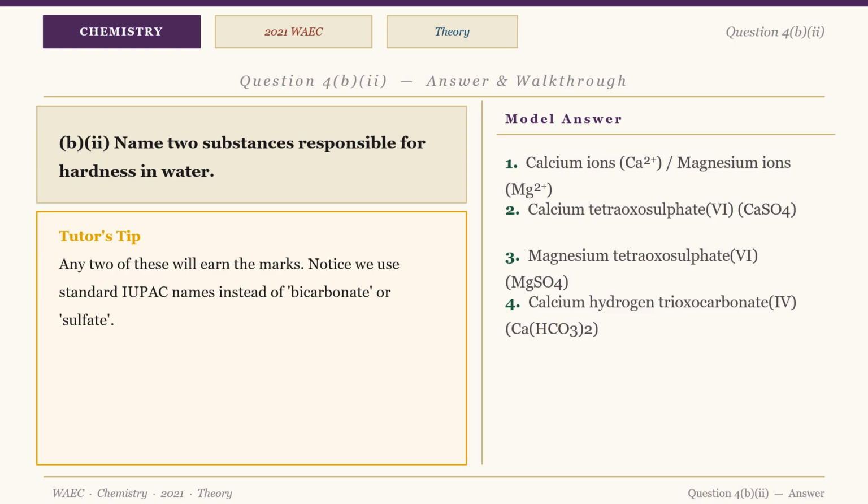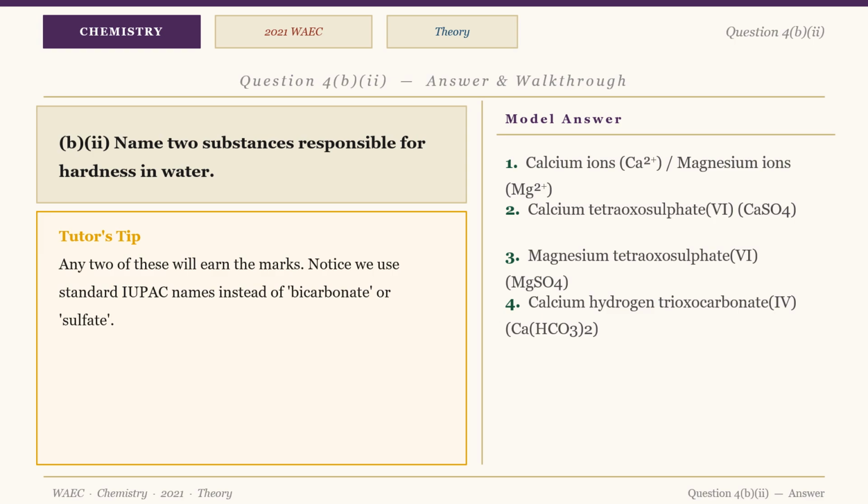And then next one we have calcium tetraoxosulfate 6, CaSO4. And we have magnesium tetraoxosulfate 6, MgSO4, or you can say calcium hydrogen trioxocarbonate 4.